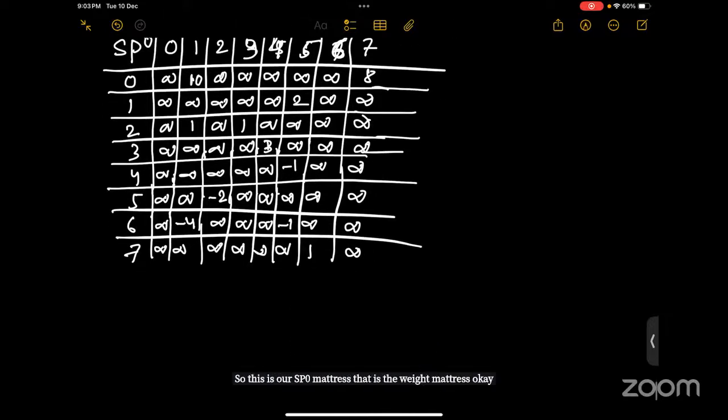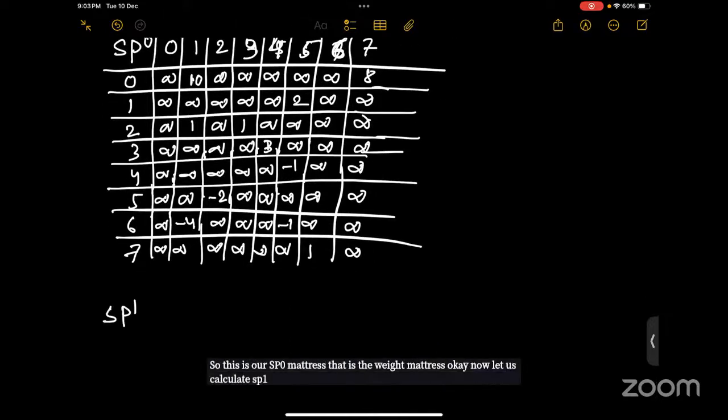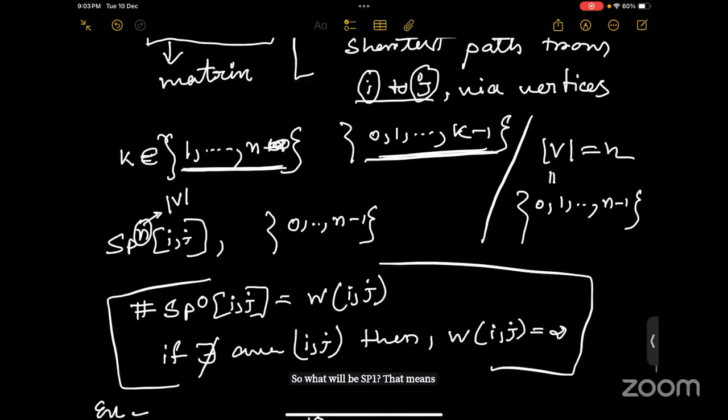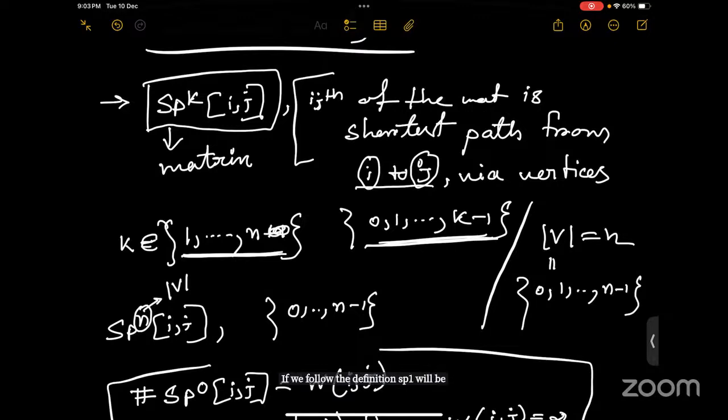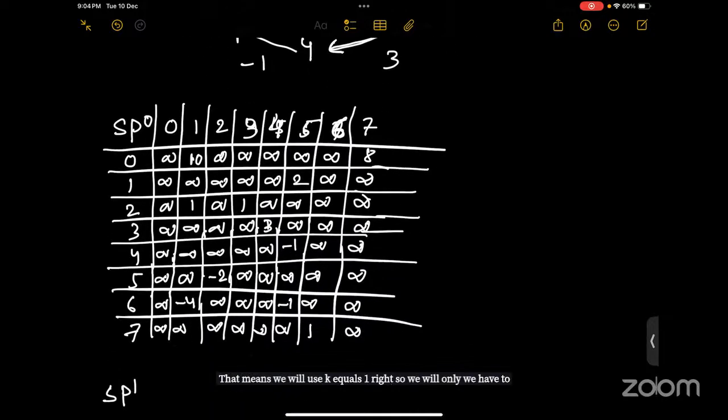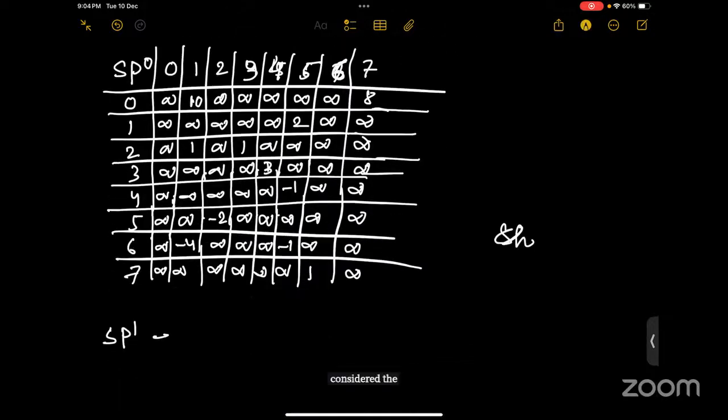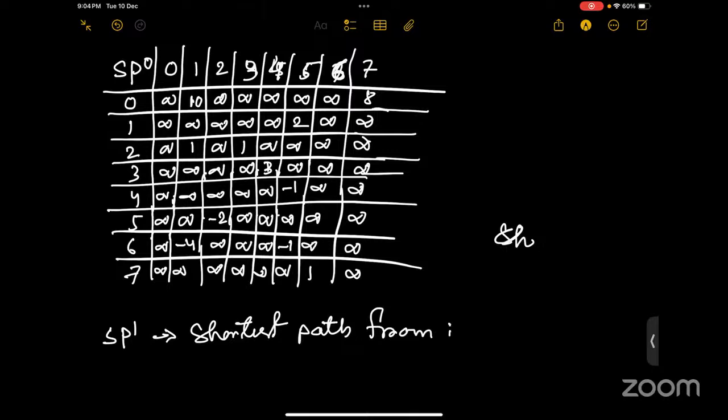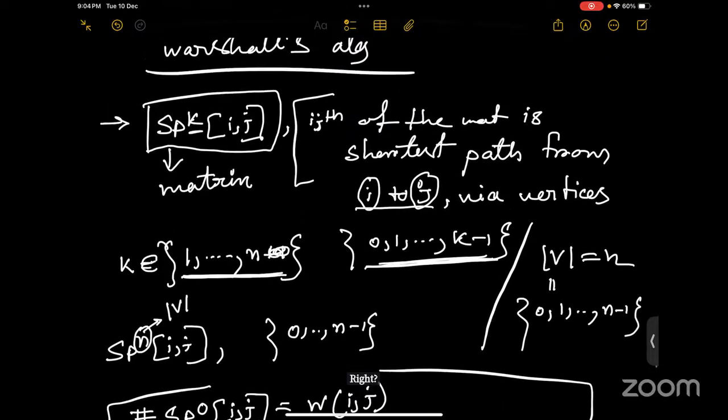Okay. Now let us calculate SP1. If we follow the definition, we will use K equals 1, right? So we have to consider the shortest path from I to J via the vertex 0, as per the definition, 0 to K minus 1.